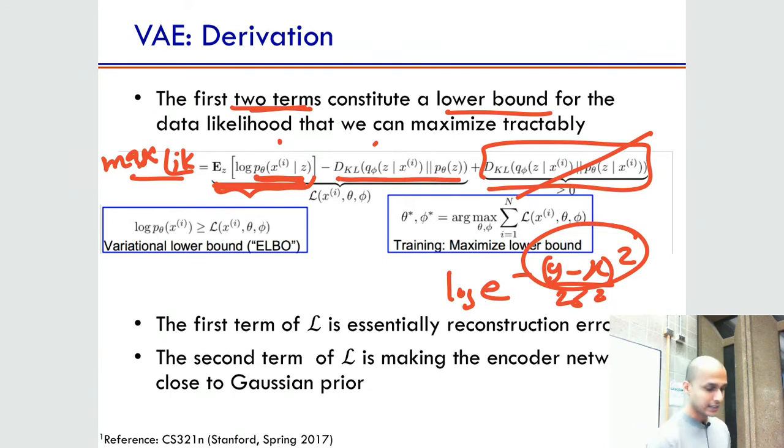So that latent loss is being measured in terms of KL divergence. That's why I introduced KL divergence before. So the first term is some sort of a mean squared error. That's all I'm trying to say. And the second term is essentially KL divergence between two distributions, where the first distribution is the encoder distribution, and the second is the marginal distribution of z.